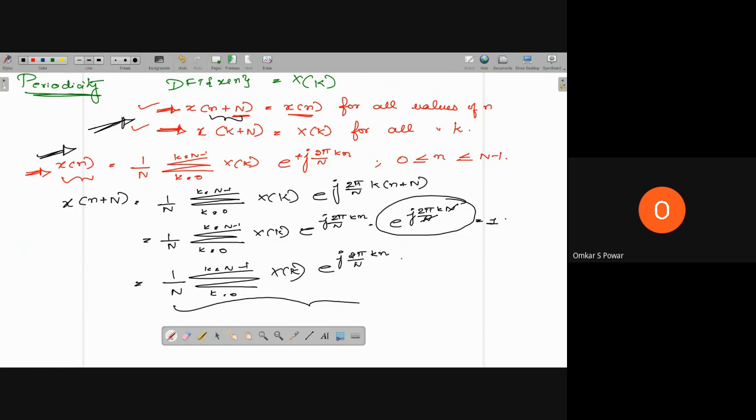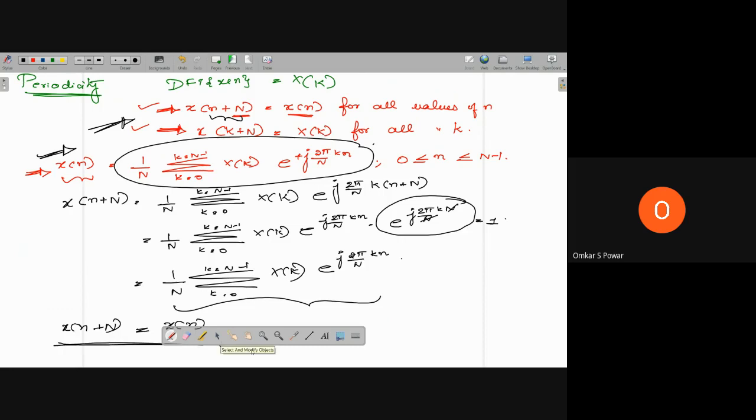So this looks like your IDFT formula, right? 1 by N summation k equal to 0 to N minus 1 X of k e power j 2 pi by N into kn. So this is nothing but your x of n. So x of n plus N is equal to x of n. So let's see once again how we got this. So x of n plus N is equal to x of n and X of k plus N is equal to X of k. The first one I have proved. Similarly, you can do the second one.